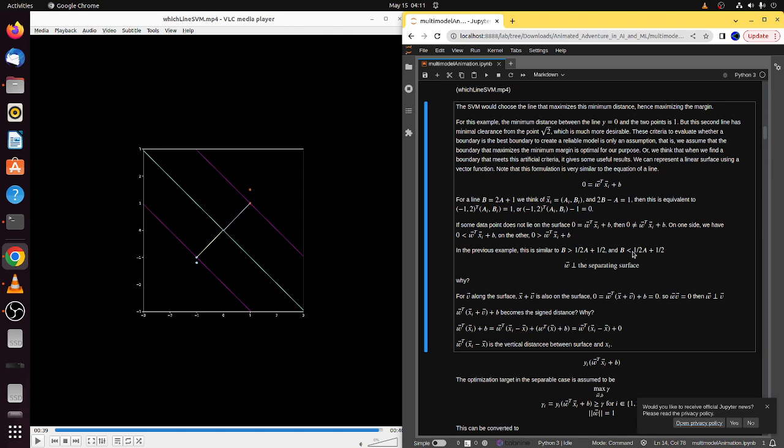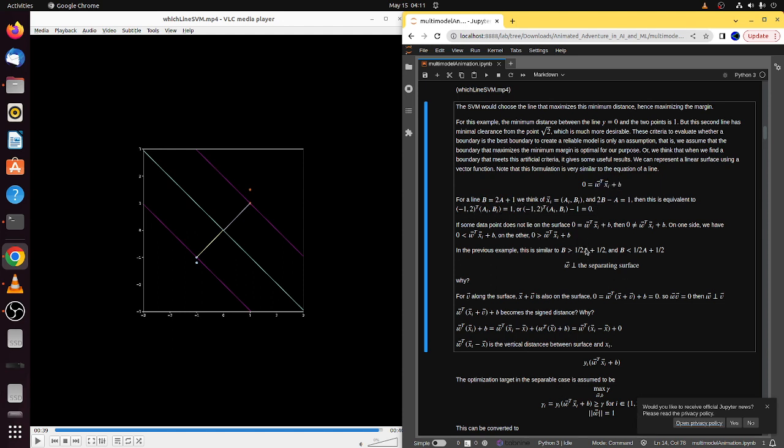If b is smaller than 1/2a plus 1/2, it is below the line. So how do I put y equals ax plus b into this form? Basically, you just rearrange the terms.